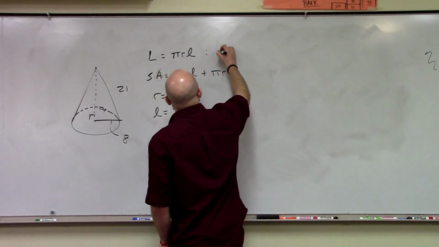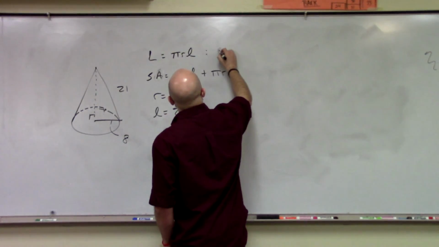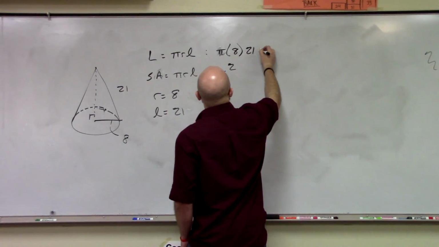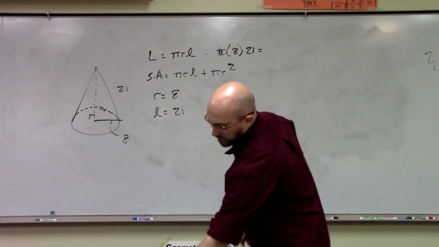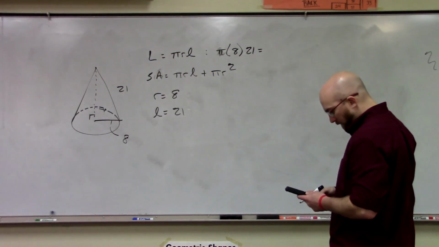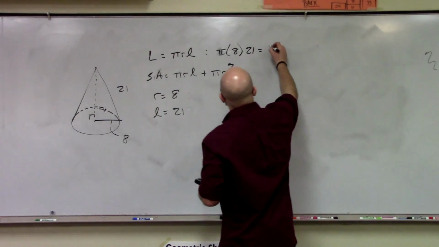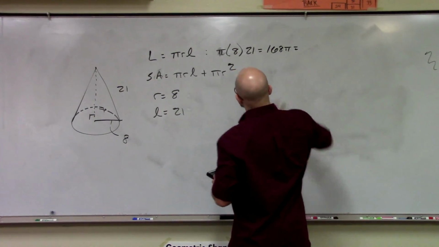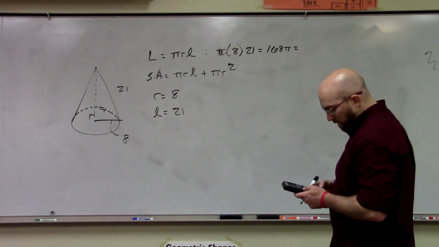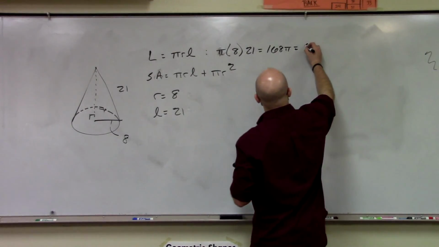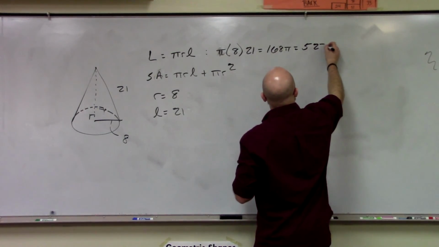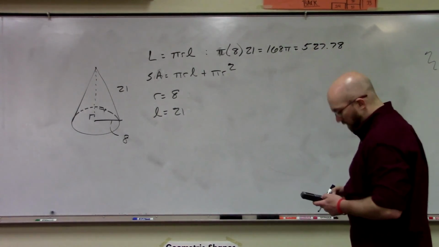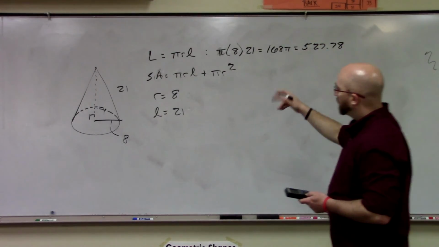So it means we get pi times 8 times 21. So we get 168 pi, or about 527.78. All right, so we need to find this one now.